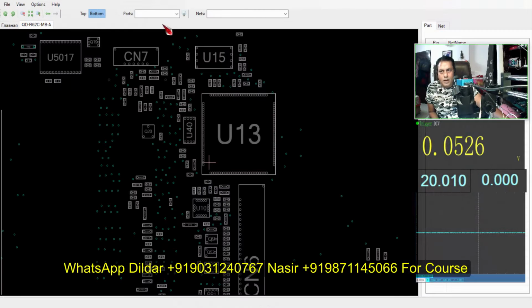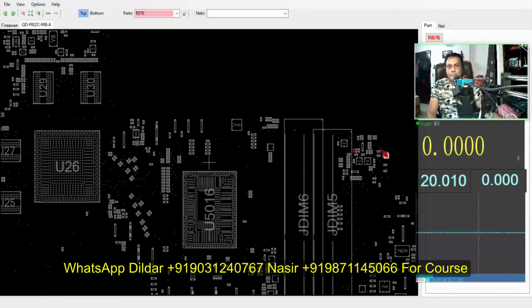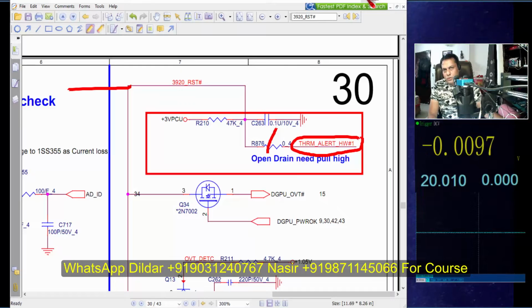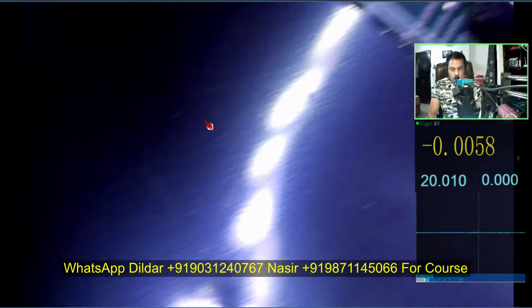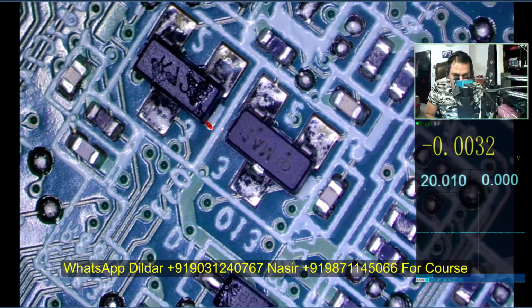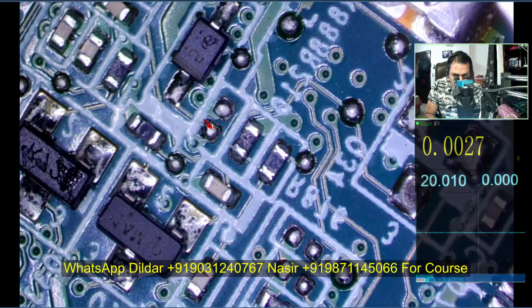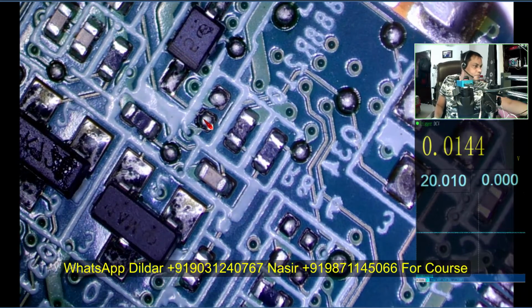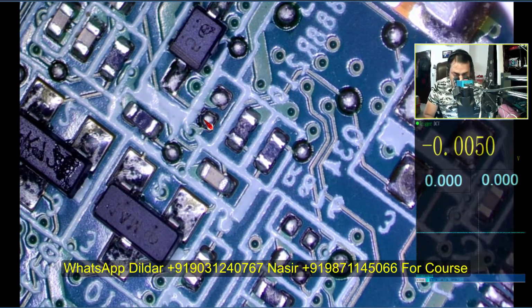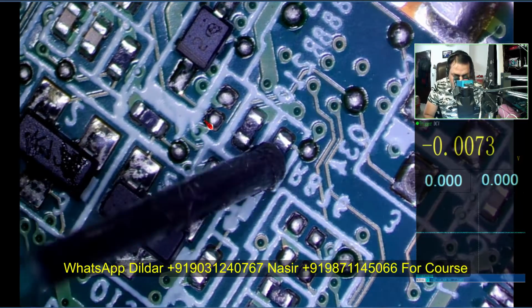R876. Yes, here is the first one. 1, 2, 3. This one, let me take off this one.